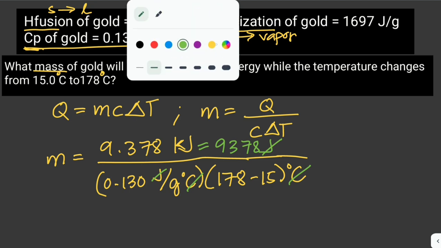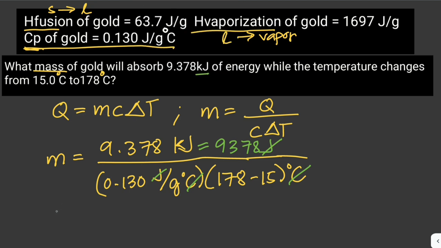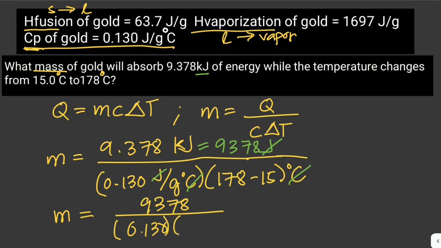Right. And then the joule unit cancels out, as well as the Celsius, and then we are left with grams for the unit of mass. So that would be 9,378 divided by 0.130 times 178 minus 15.